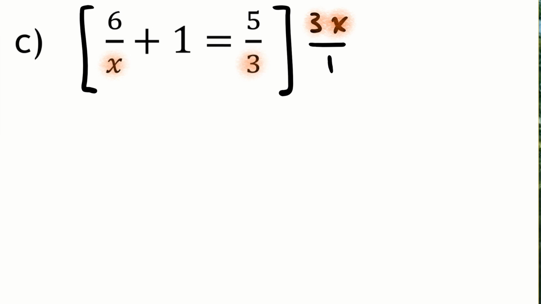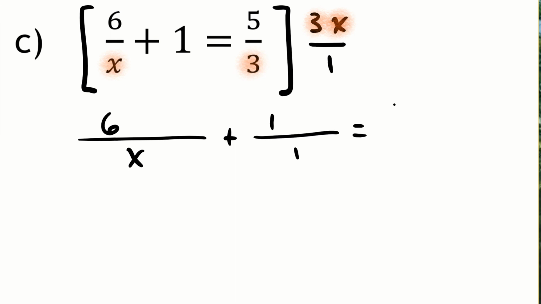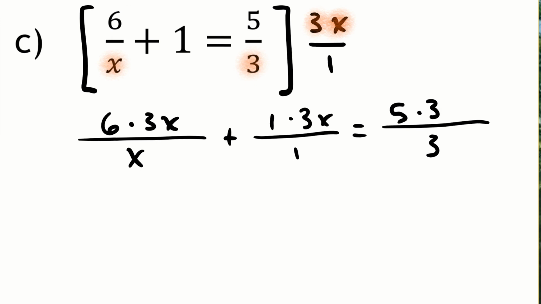So let's look how I write this. My next step, I'm going to go 6, and then I'm going to make room for some new factors over x, plus 1. I'm going to put some new factors in there as well. And then equals 5, and some new factors are coming in over 3. So in every single place, I'm going to write a times 3x, a times 3x, a times 3x.